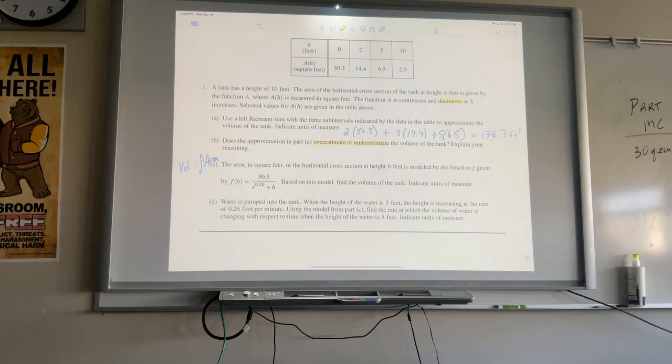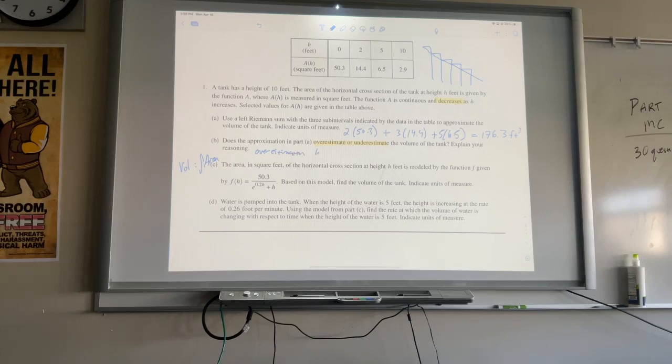Overestimate or underestimate. There's one word in the beginning that's going to help you figure that out. You know what that one word is? Decreasing. So if this is decreasing and it's continuous, and we're doing a left-hand sum, it overestimates. How do I explain it in good words, though?